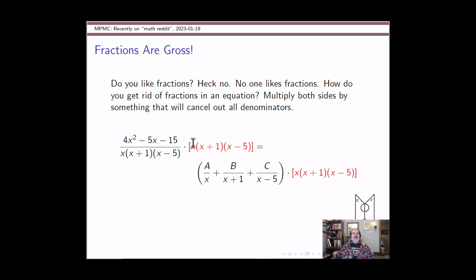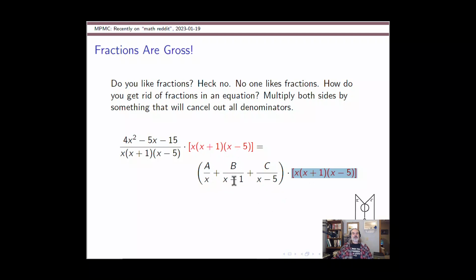So on the left-hand side, the denominator is going to cancel itself and we'll just be left with 4x squared minus 5x minus 15. On the right-hand side, we distribute this multiplication through, but every time this denominator hits one of these terms, something is going to cancel. So when this denominator multiplies through and hits this term a over x, the x's are going to cancel.